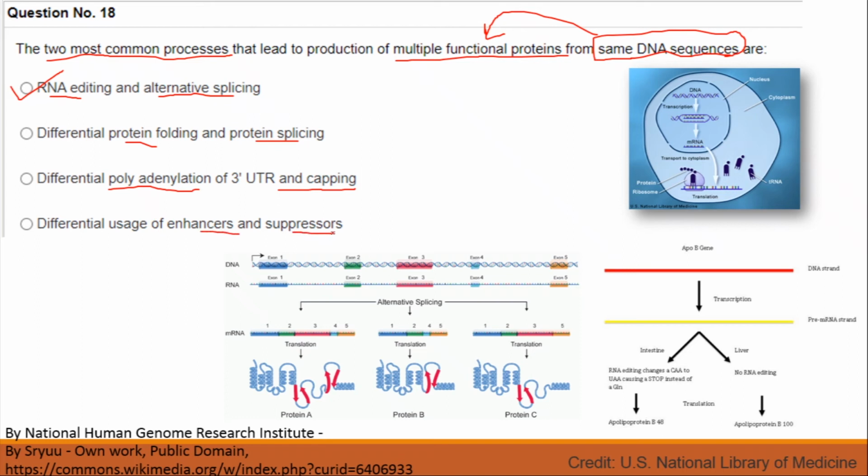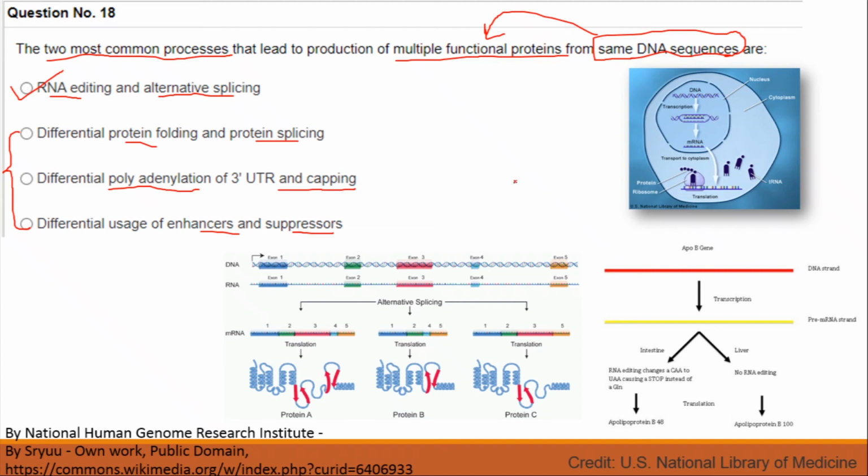Polyadenylation as well as 5' capping, all these processes come under post-transcriptional modification. Use of enhancers and suppressors leads to different rates of expression of your protein chain. So all these processes are post-transcriptional or post-translational modifications, but they cannot produce multiple functional proteins from the same DNA sequence. I hope you have understood this question.